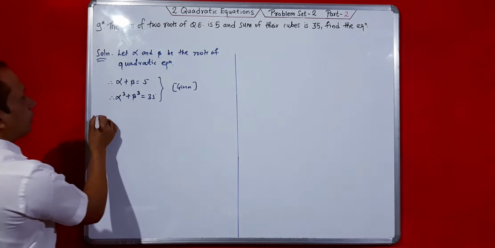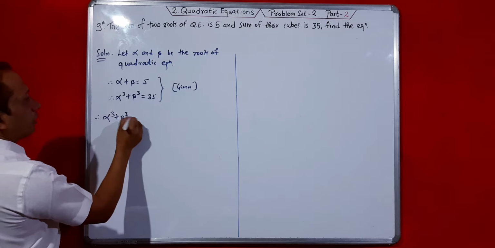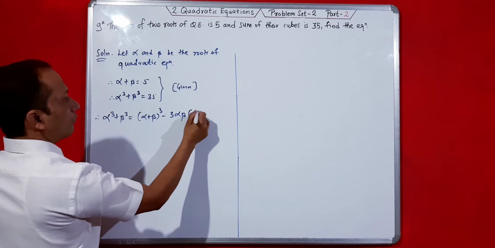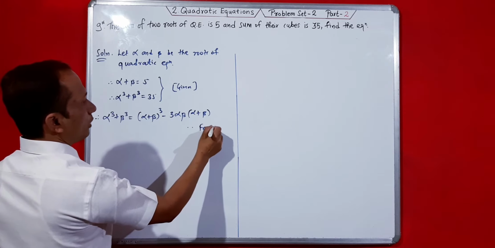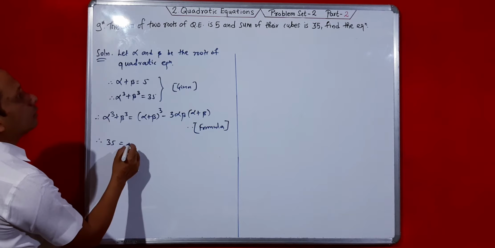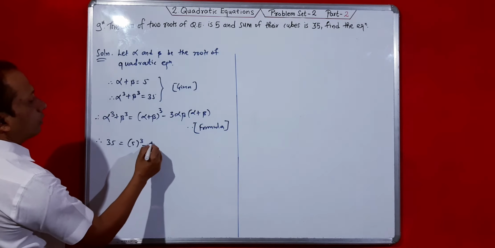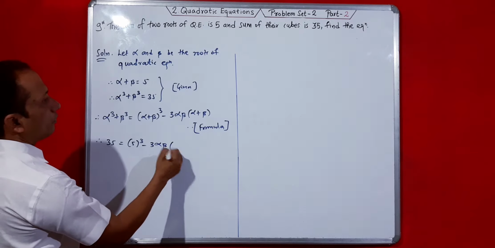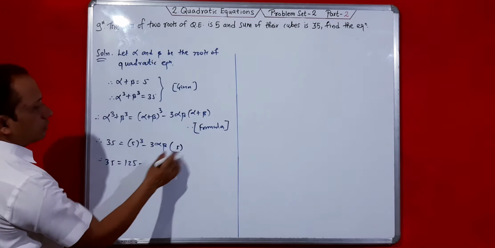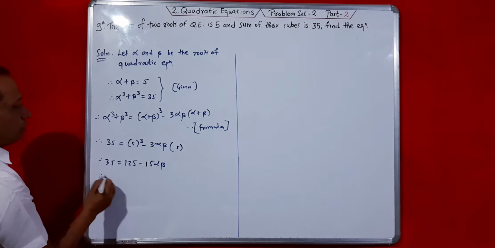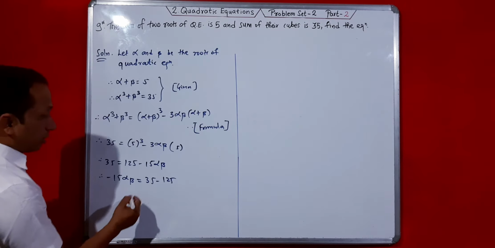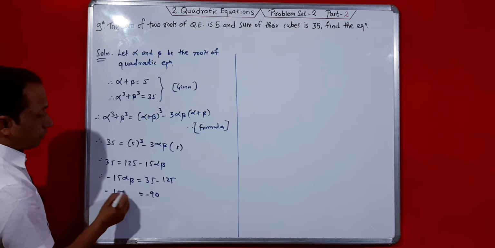Now I know that alpha cube plus beta cube is equal to (alpha plus beta) cube minus 3 alpha beta (alpha plus beta). This is the formula. Therefore 35 is equal to 5 cube minus 3 into alpha beta into 5. So I get 35 equals 125 minus 15 alpha beta. Therefore minus 15 alpha beta is equal to 35 minus 125, which is minus 90.